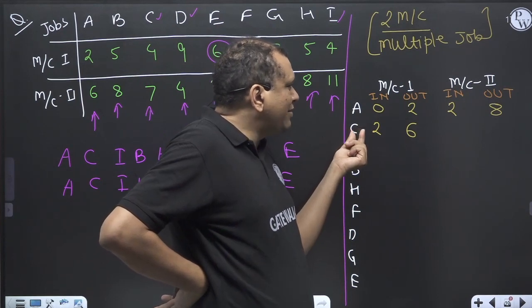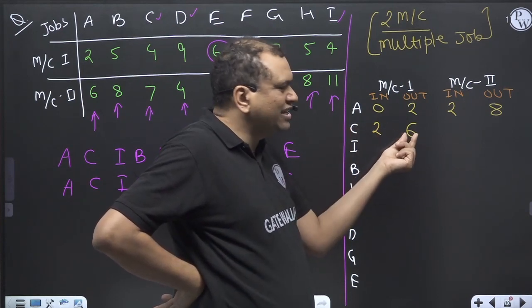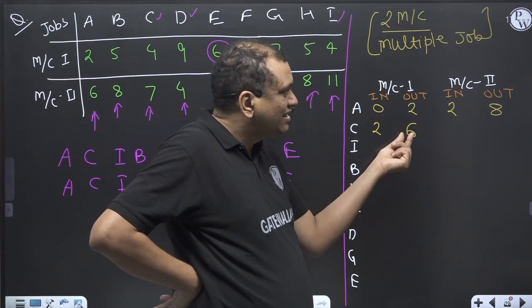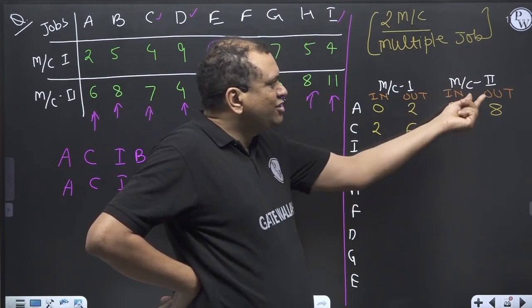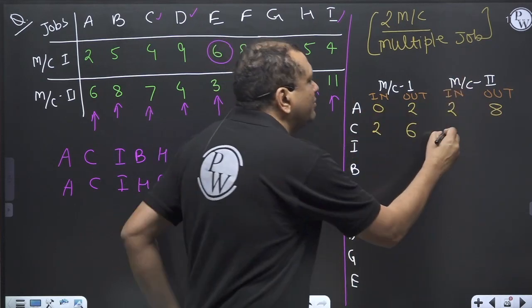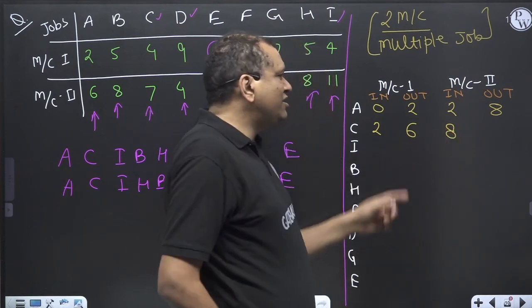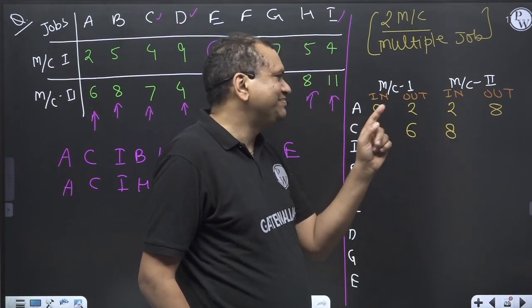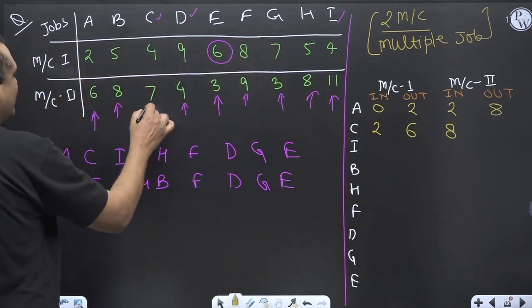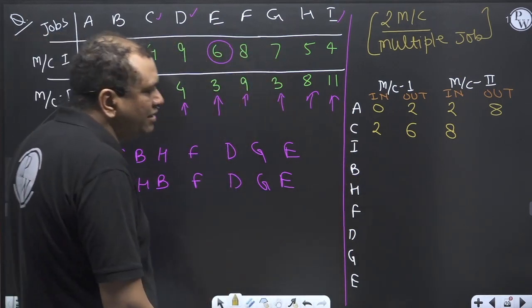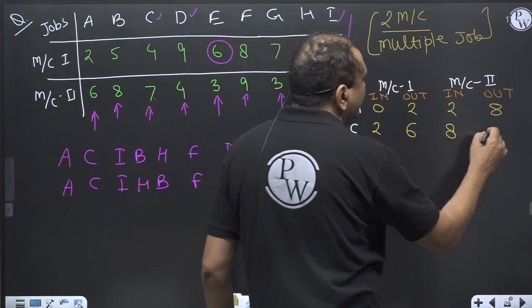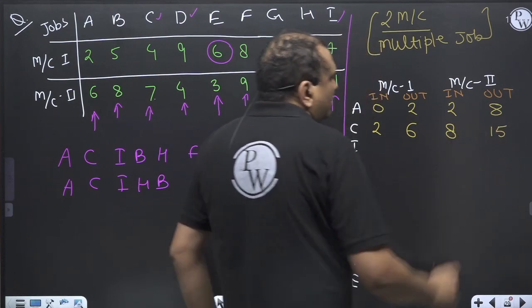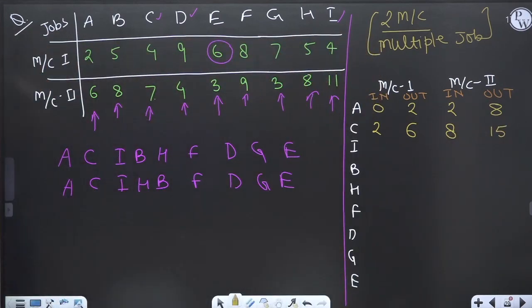Product C will come out of the machine after 6 unit time, but machine 2 will be available only after 8 minutes. So this job is waiting for 2 minutes to be processed. And C consumes 7 unit time in machine 2. 7 plus 8, 15.